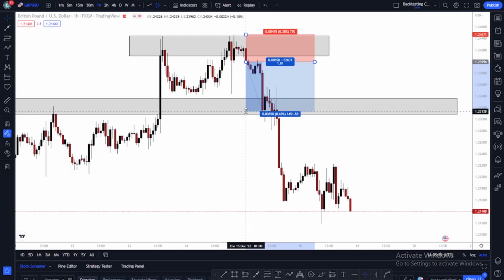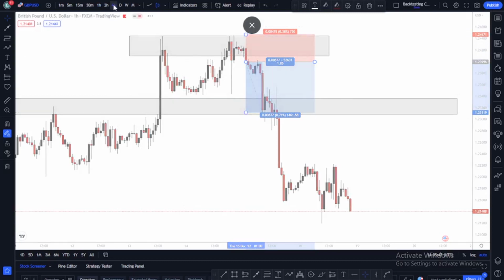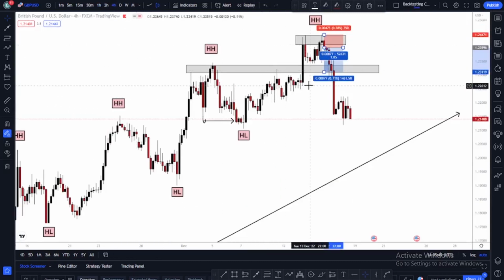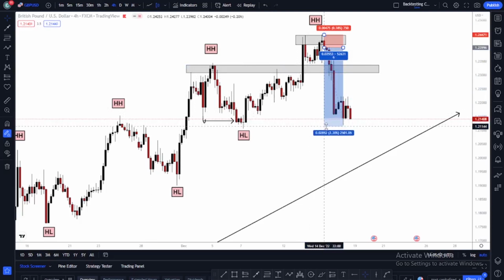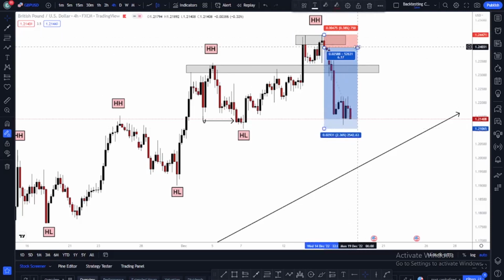That was where my first take profit was going to be. And my second take profit was our H4 higher low. In case price broke through our resistance, I'll be looking to target my H4 higher low as my next take profit.